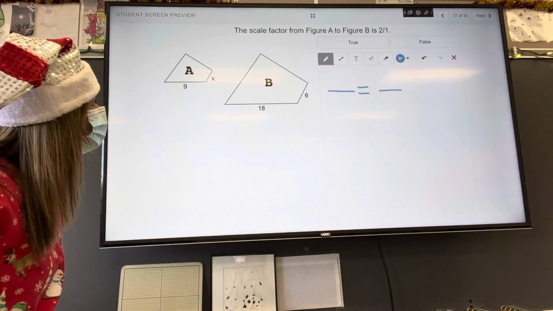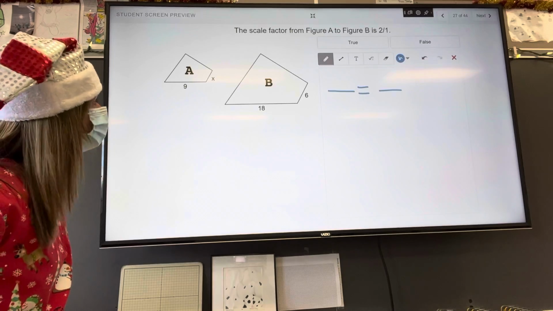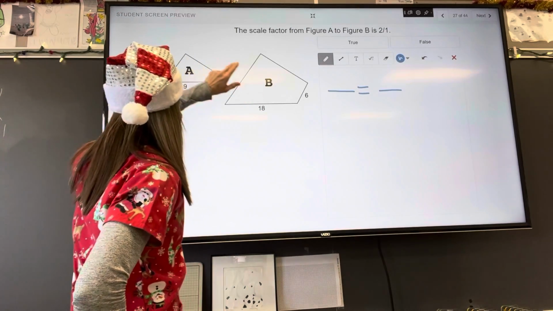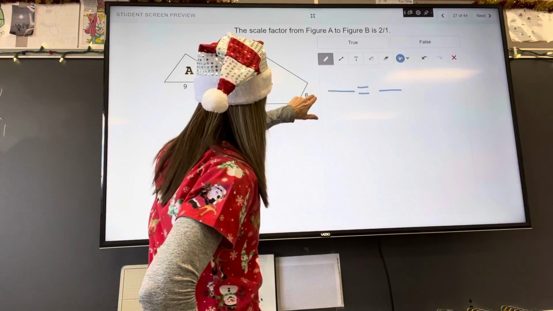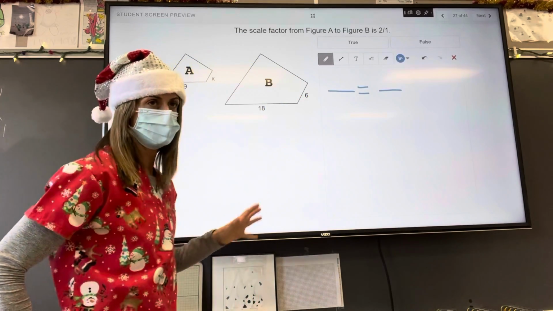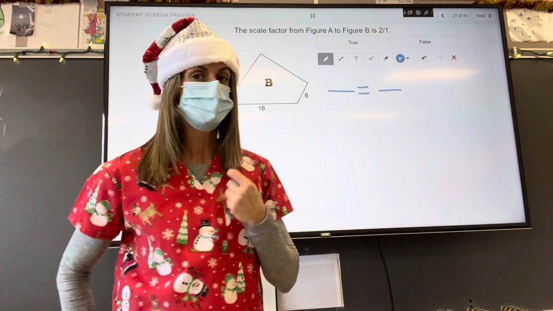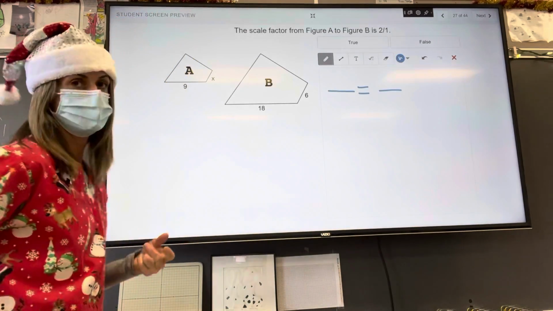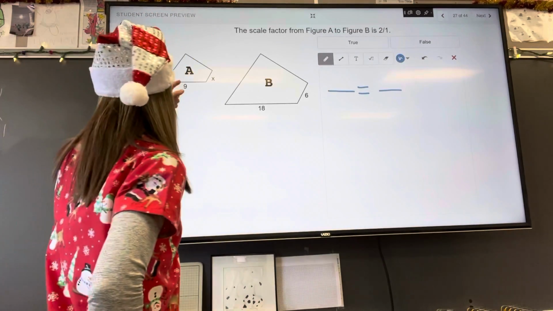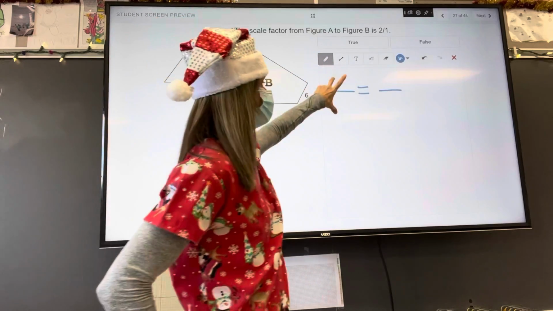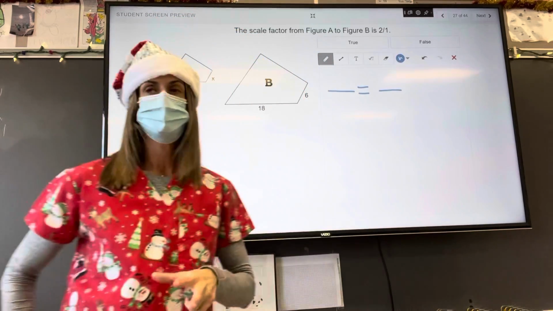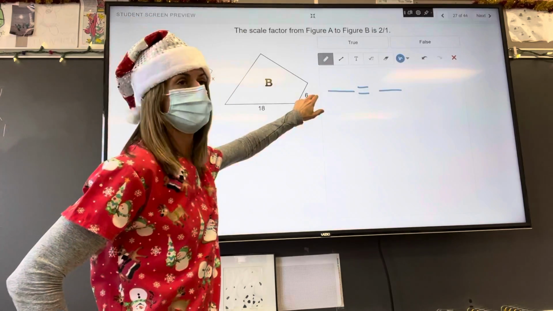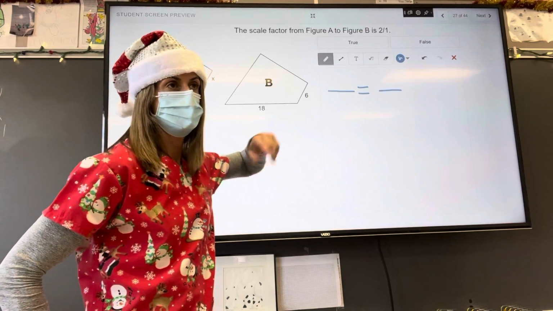So we're going to go ahead and set this up. 9 corresponds to 18, and x corresponds to 6. There are different ways to write a proportion, but you just have to be consistent. If I put 9 over 18, that is perfectly fine, but then I have to put x over 6 on the other side.